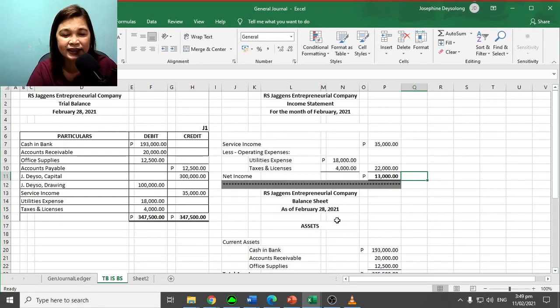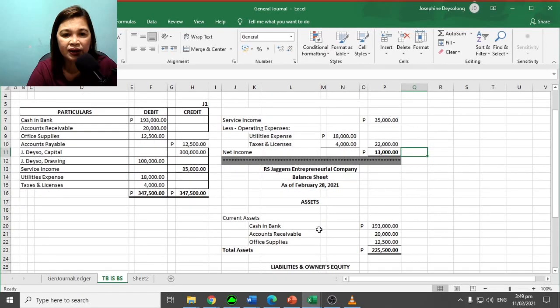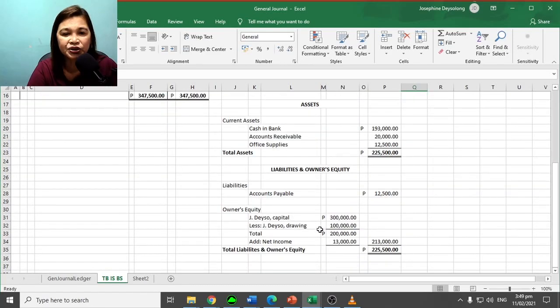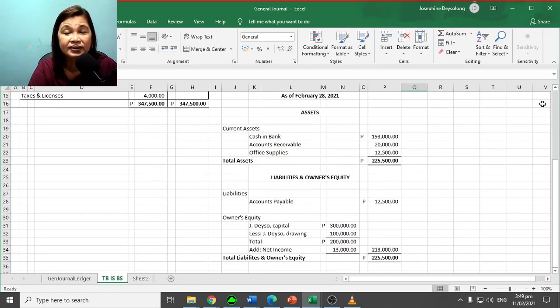All right? Now, for the balance sheet. The balance sheet is composed of assets, liabilities and owner's equity. Assets here should be balanced with the total liabilities and owner's equity. Now, let's start with assets.